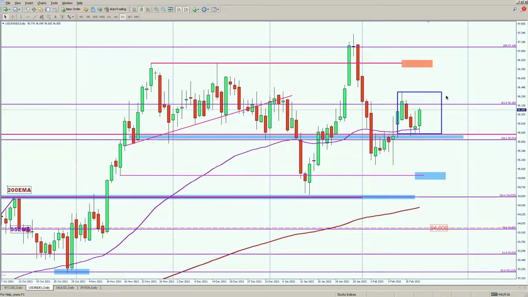Okay, and it's in about a 70 pip range. So it's still right in the middle of this range between the upper resistance up here and this lower support.